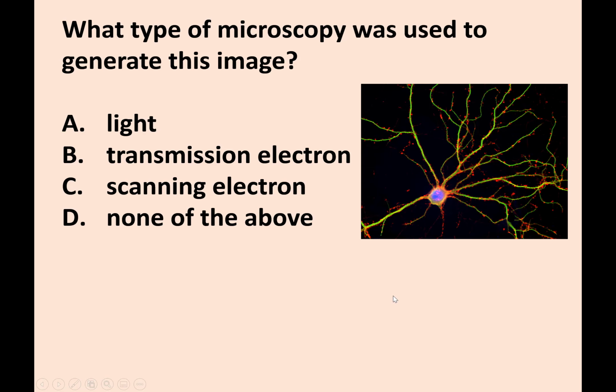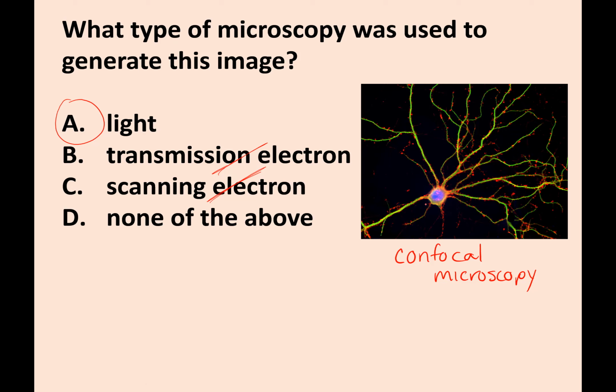What type of microscopy was used to generate this? This is actually a type of light microscopy, so you're not seeing the details that you could see with electron microscopy. This is a high-powered one called confocal microscopy, where it's using antibodies to stain things different colors.